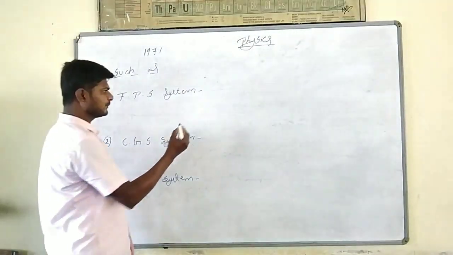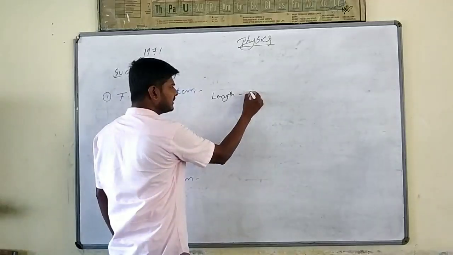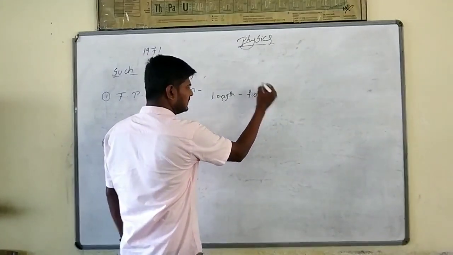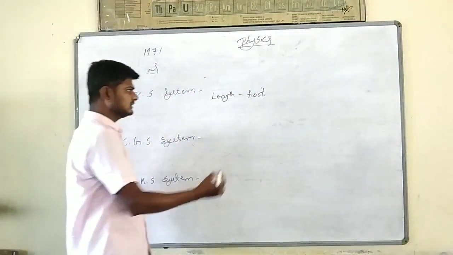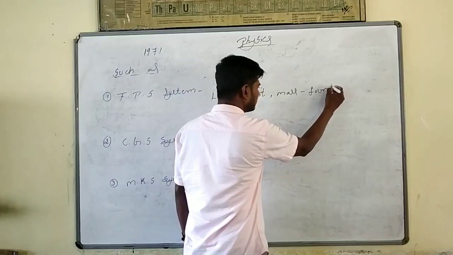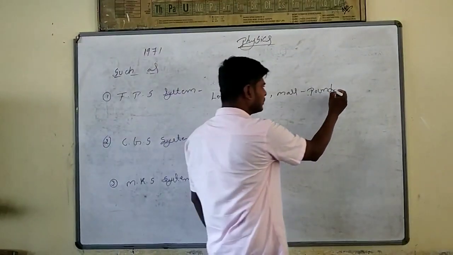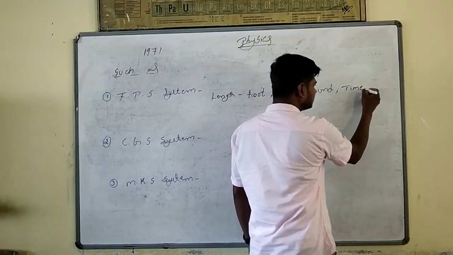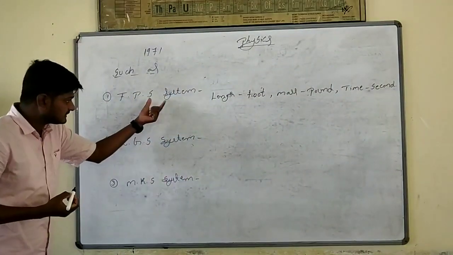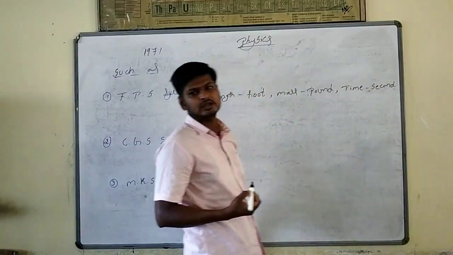In the FPS system, length is measured in foot, mass is measured in pound, and time is measured in seconds. This is the FPS system.